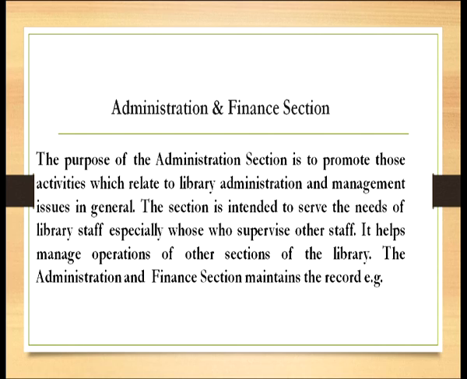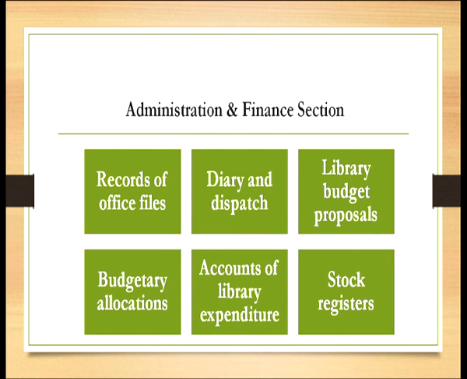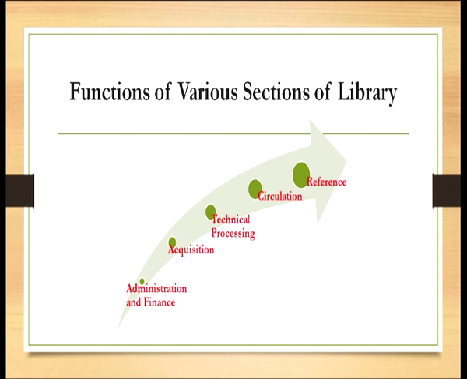The administration and financial section maintains the record of the official file, diary and dispatch, library budget proposal, budgetary allocation, accounts of the library expenditure, and stock registers. So, sections of the library function in various ways.